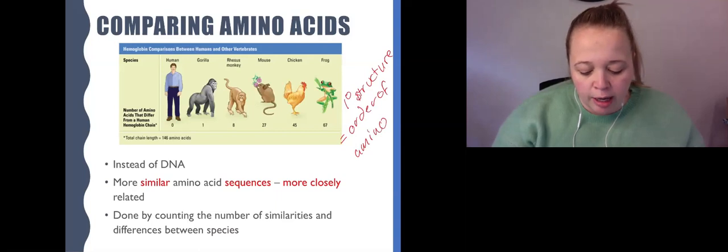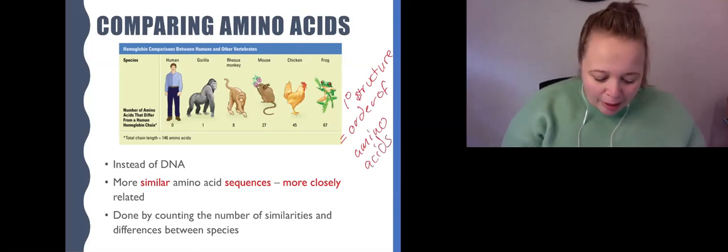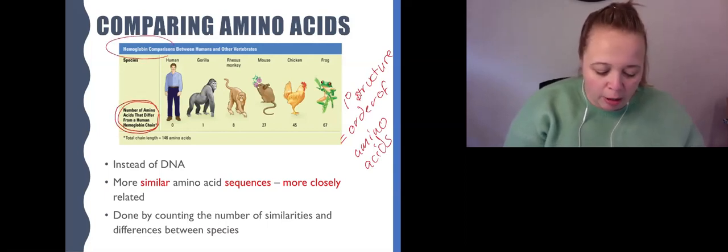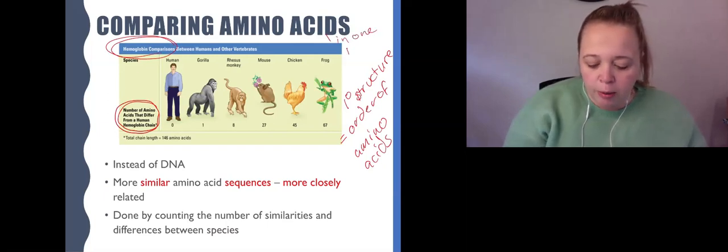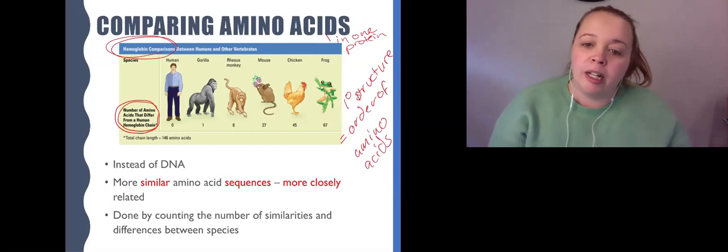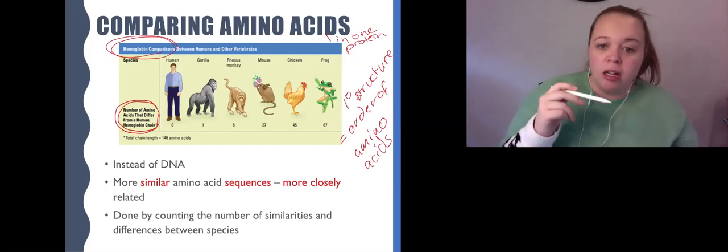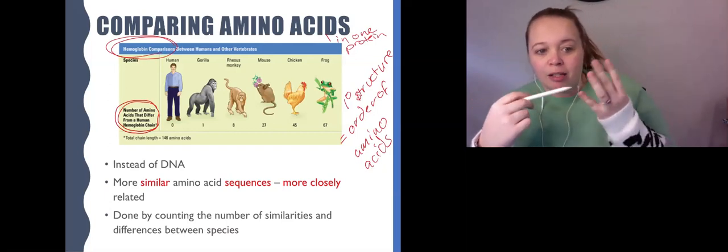What this graphic is showing us is how many amino acids differ from a human hemoglobin chain. So this is a hemoglobin comparison. We pick one protein and compare how many differences there are between the primary structure of human hemoglobin versus gorilla, rhesus monkey, mouse, chicken, and frog.